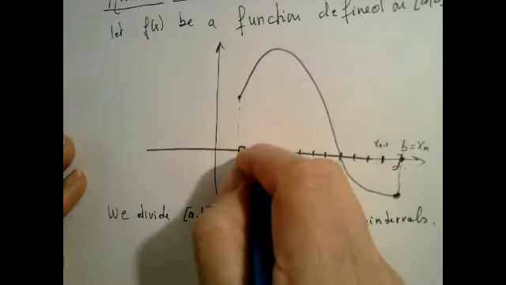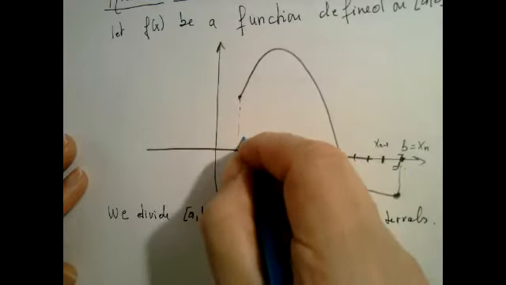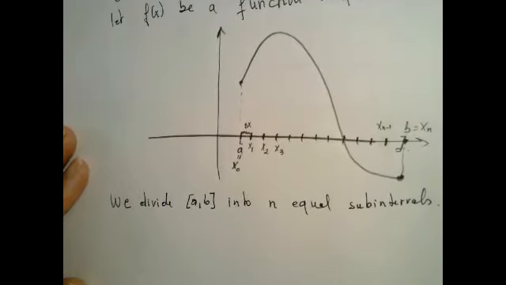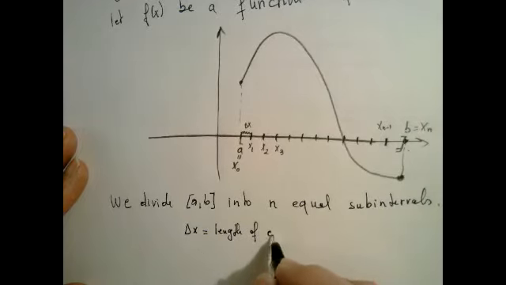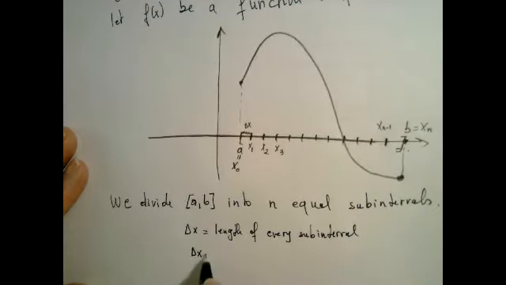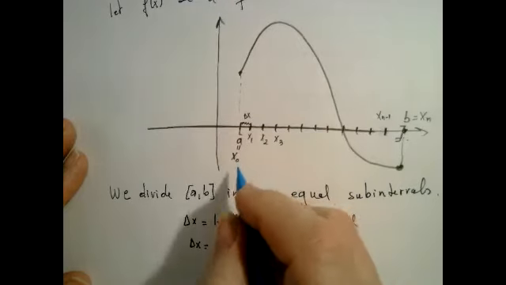Now, what's the length of every subinterval? We're going to call delta x the length of every subinterval. So what's the delta x? So delta x is equal to what in my problem? Anybody remember?